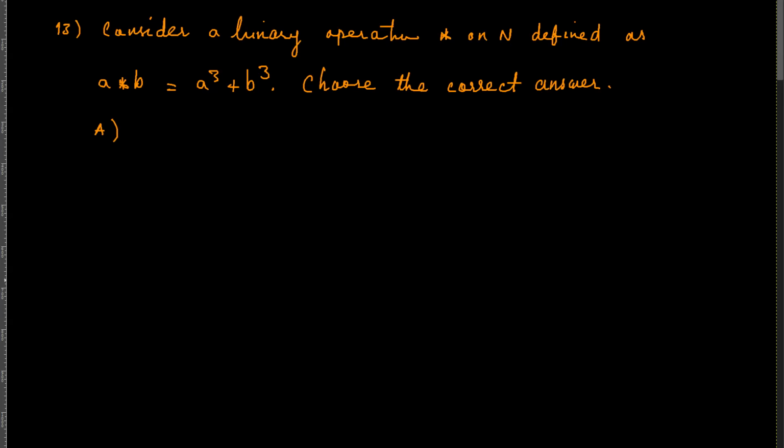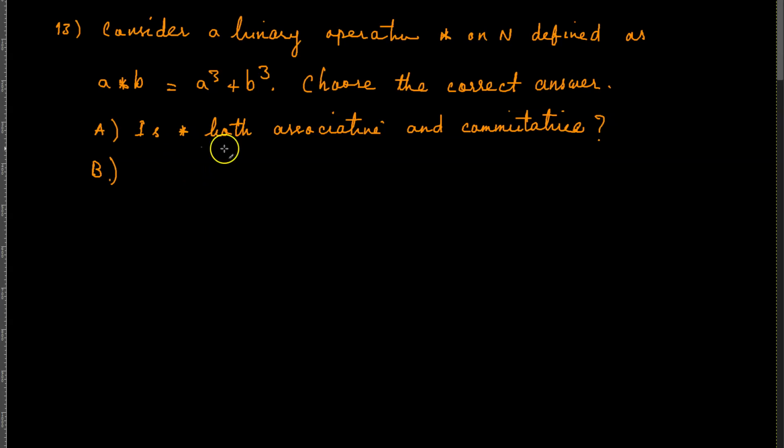I don't understand the way that the question has been asked, but the answer, the way that it has been written, is: star both associative and commutative. I think what they meant by this is: star is both associative and commutative. Otherwise, it doesn't make any sense, right?